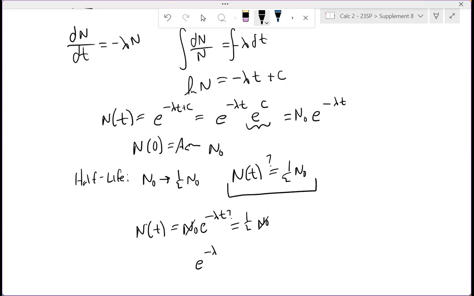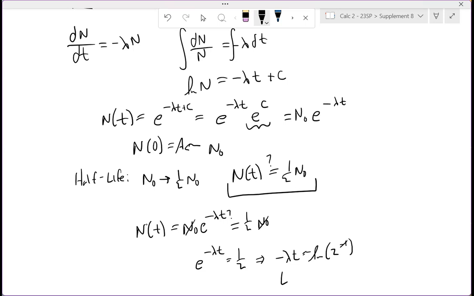I get e to the negative lambda t is 1/2, which says that negative lambda t is log of 2 to the minus 1. That minus comes down in front of the log, so minus log of 2.